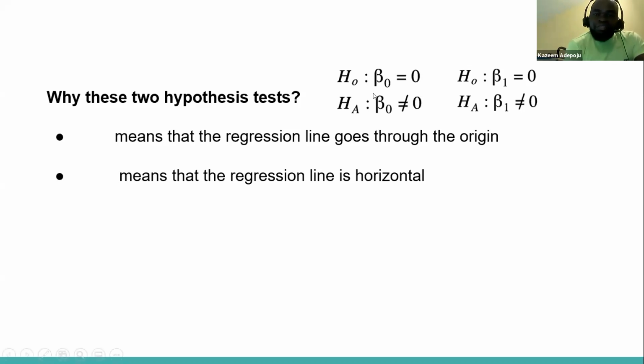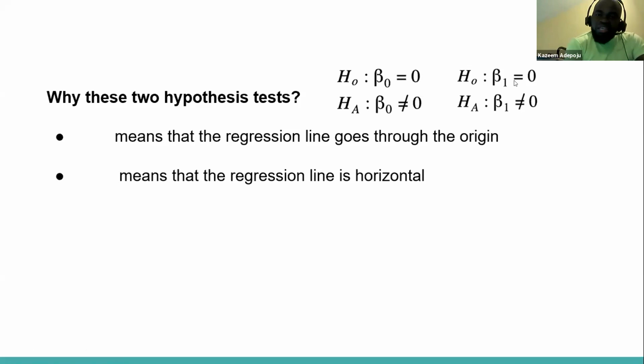What is the significance of testing this? Why do I need to test for the intercept, beta naught, in the simple linear regression model? The null hypothesis says the regression line goes through the origin, that it starts from 0.